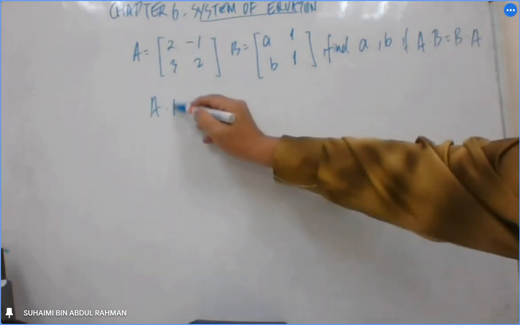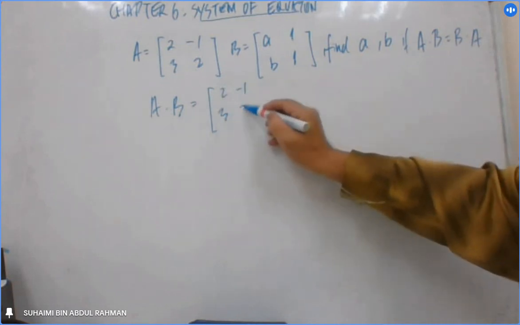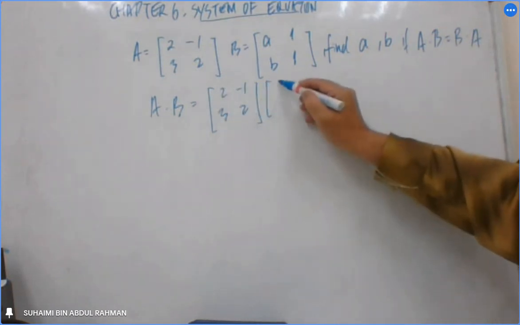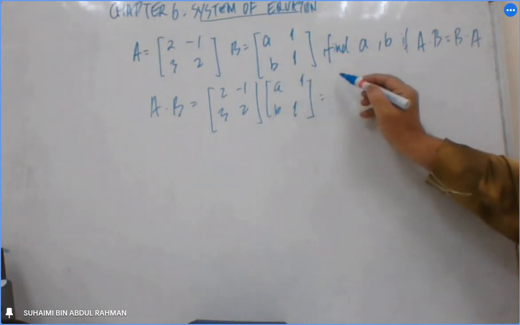AB is 2, minus 1, 3, 2 multiplied by A, 1, B, 1.